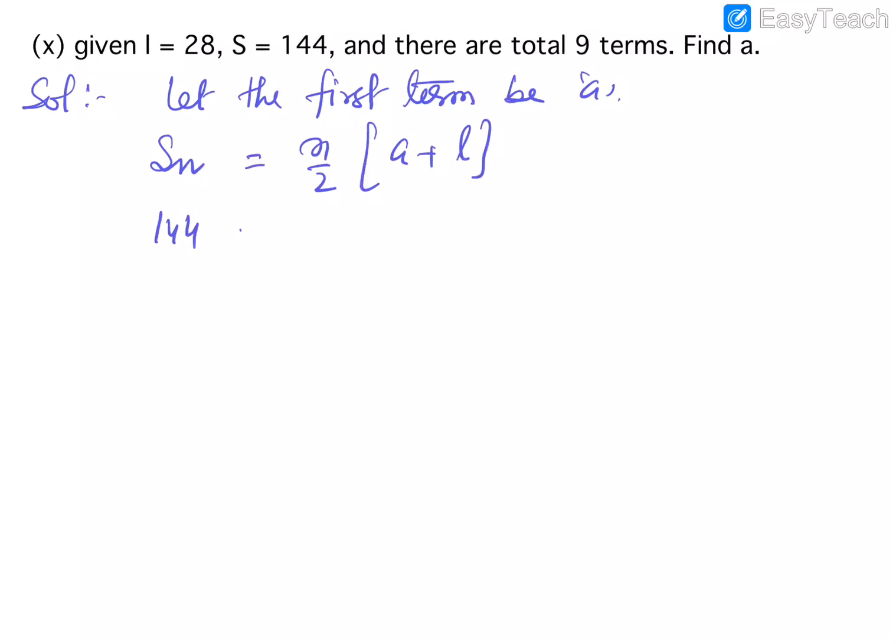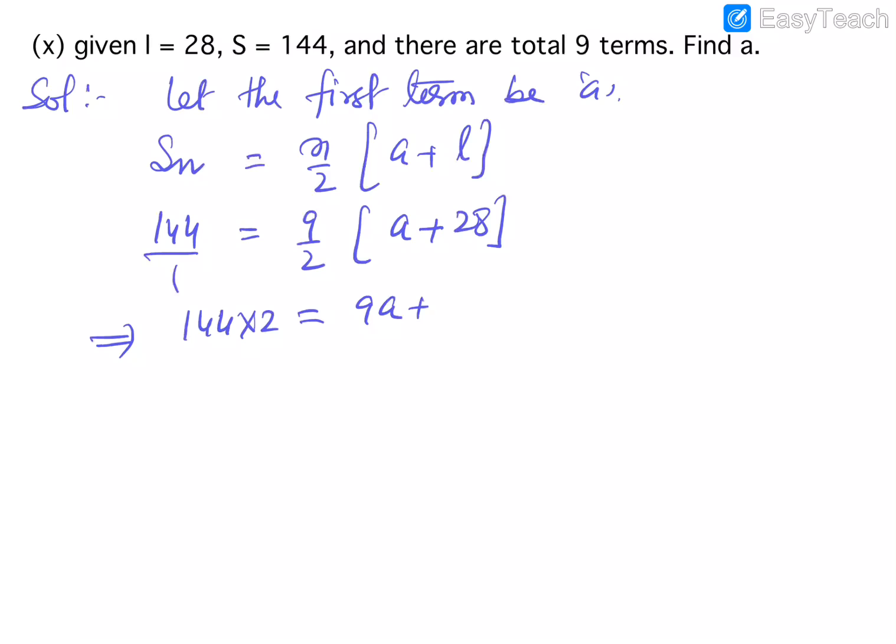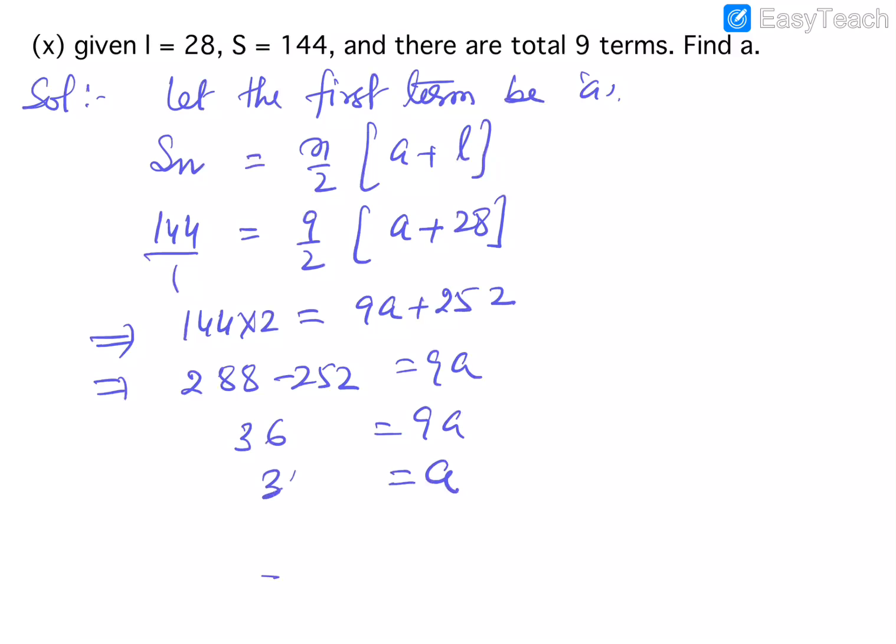Sn is 144, where n is 9. First term a and last term is 28. Performing the cross multiplication, 144 into 2 is equal to 9a plus 9 into 28, and this is 288 minus 252 is equal to 9a, 36 is equal to 9a. So a is equal to 36 by 9, which is 4.